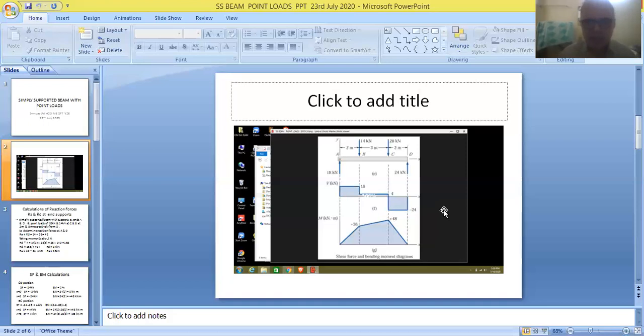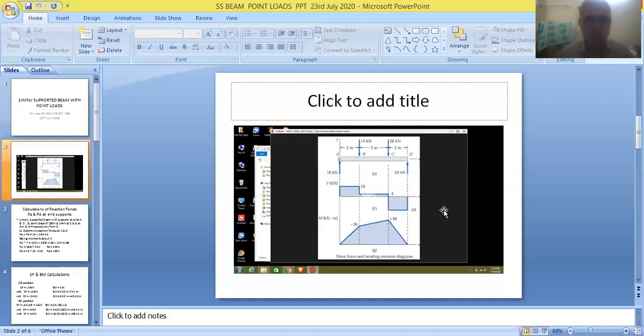So a negative symbol must be allotted for all clockwise movements, and a positive symbol must be allotted for anti-clockwise movements. These are the rules to be followed while giving symbols to downward and upward forces, and also to clockwise and anti-clockwise movements.